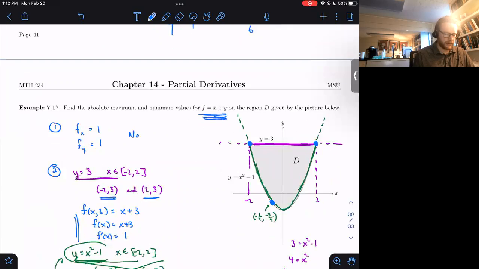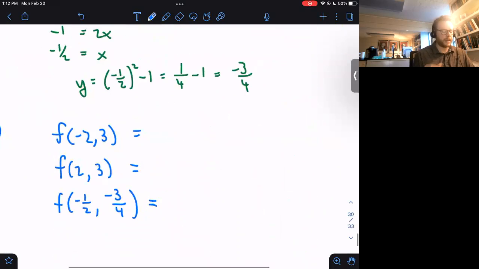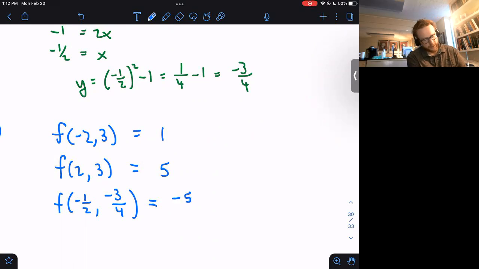So let's plug these things in. -2 plus 3 is going to be 1. 2 plus 3 is going to be 5. -1/2 plus -3/4 is -5/4. The smallest of these values will be the absolute minimum. In this case, -5/4 is the absolute minimum. And the largest of these will be the absolute maximum.